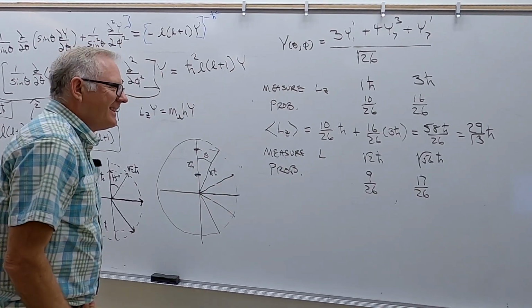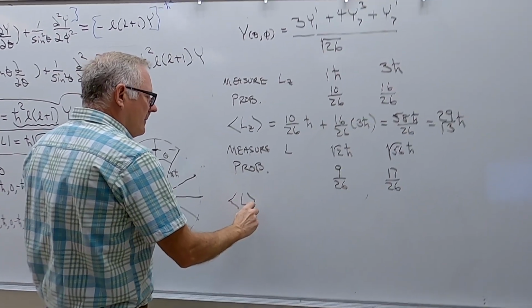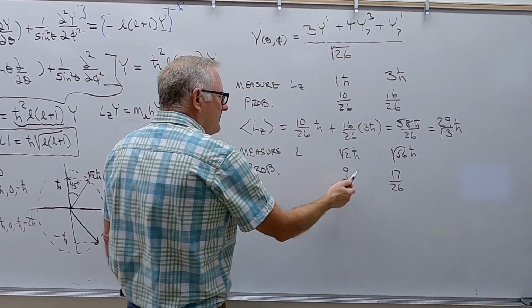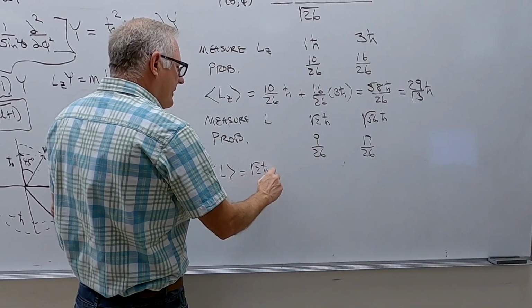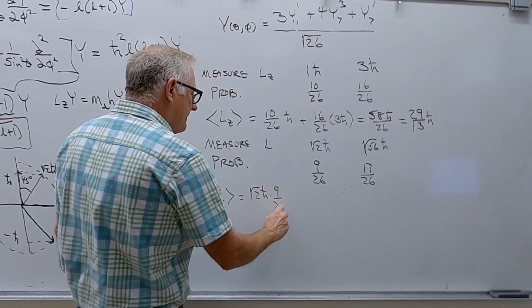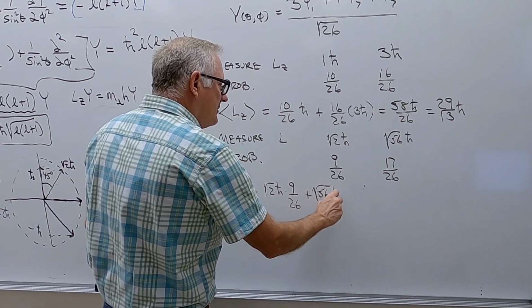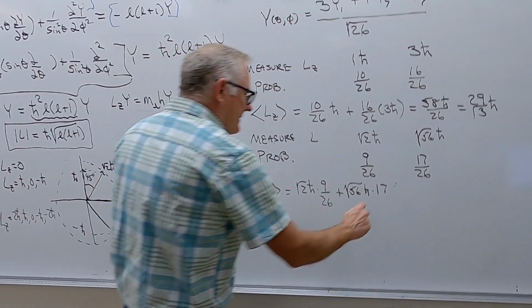So if I wanted to get the expectation value, or the average L for that state, it's just what you get times the probability. So it's the square root of 2h bar times 9/26 plus the square root of 56h bar times 17/26.